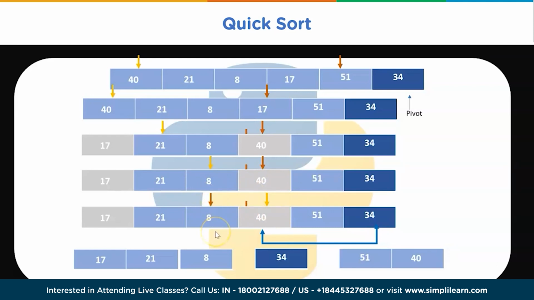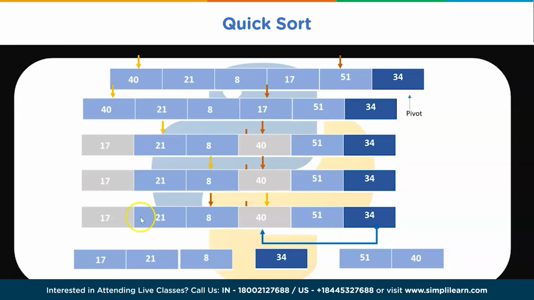Now at this point, when J has crossed I, it is the point when you need to swap the pivots. So at this point, when J has crossed, when I is greater than J, you need to swap the pivots. In this case, 40 will get swapped with 34, and 34 will come in place of 40, and 40 will go to the end.